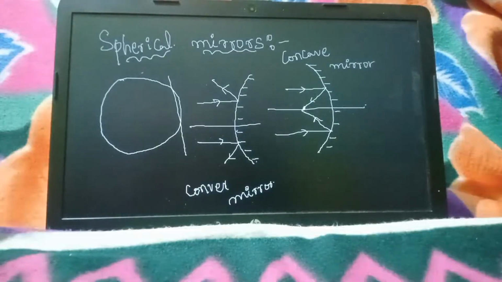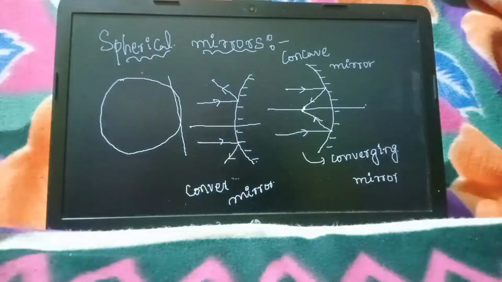Light rays are converging and meeting at one point. That's why a concave mirror is also known as a converging mirror, whereas a convex mirror is known as a diverging mirror.